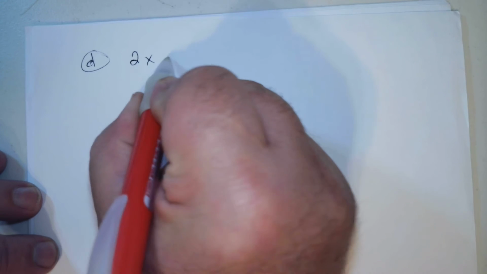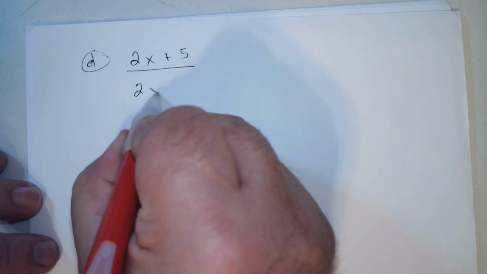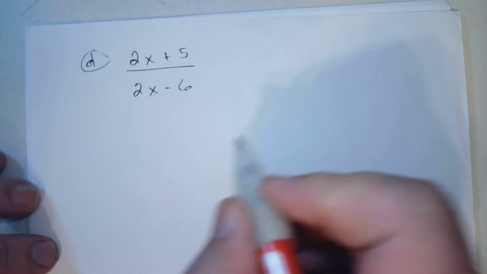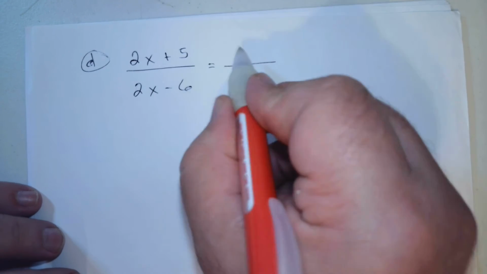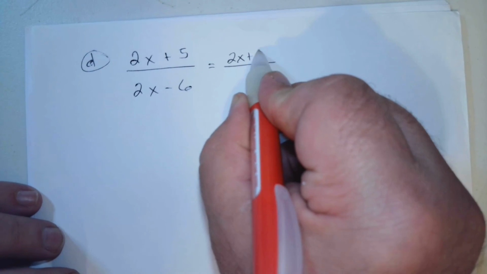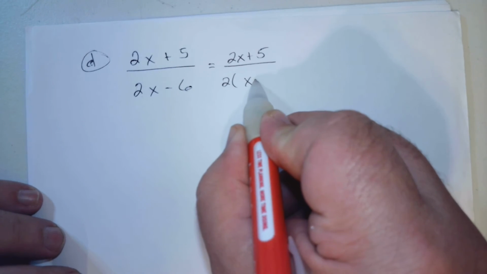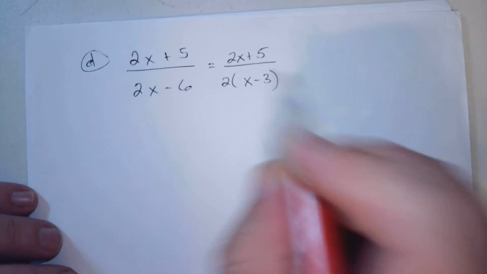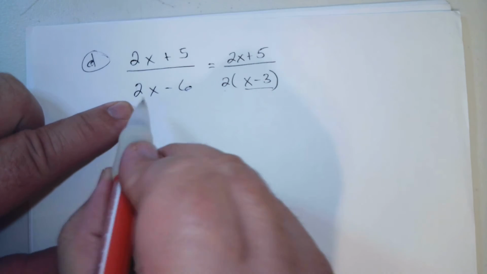Alright, let's look at another one. (2x plus 5) over 2x minus 6. The top can't go any further, but the bottom we can factor out a 2. Whenever you factor out a 2, or anything, figure out what was inside.